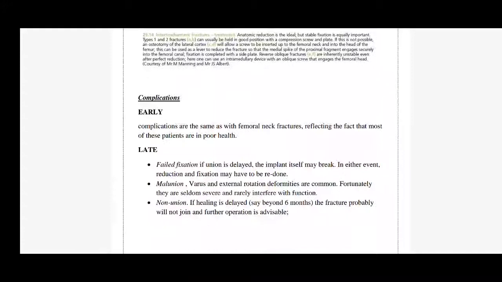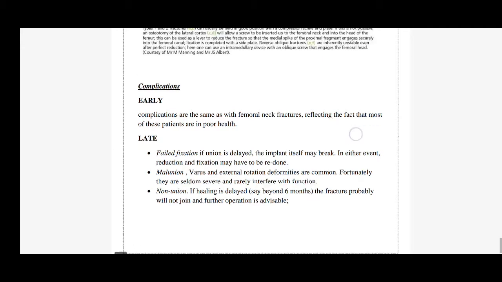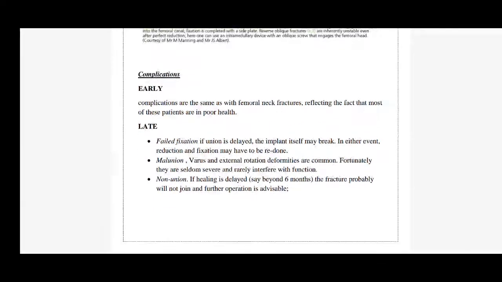Complications of intertrochanteric fracture, as I mentioned, are early and late. Early, just like the femoral neck fracture, occur in elderly patients. Late complications, as I mentioned, it's an unstable variety of fracture because of the muscle action around the fracture site, and also it's in a high stress area, the transition between the horizontal orientation of the neck and the vertical orientation of the shaft.